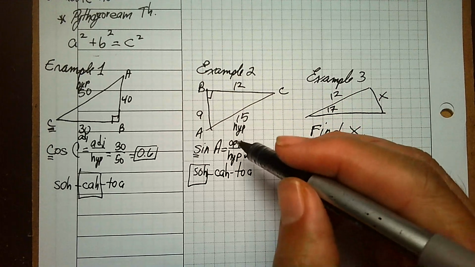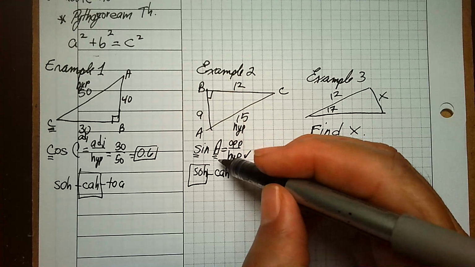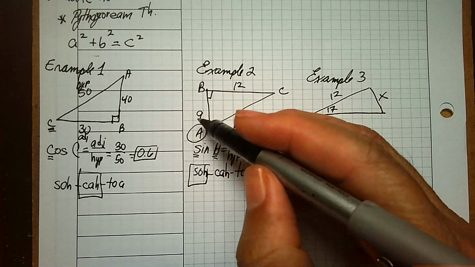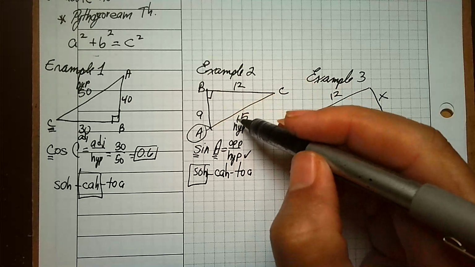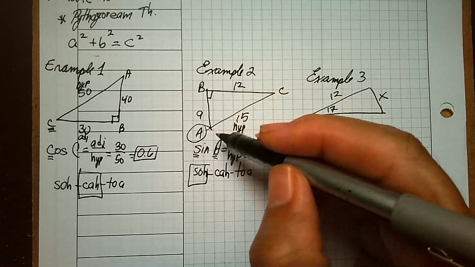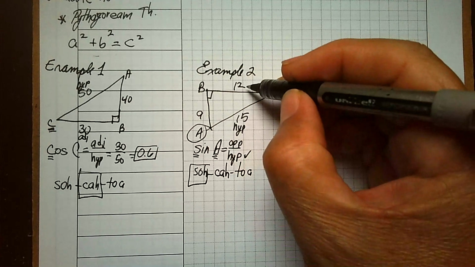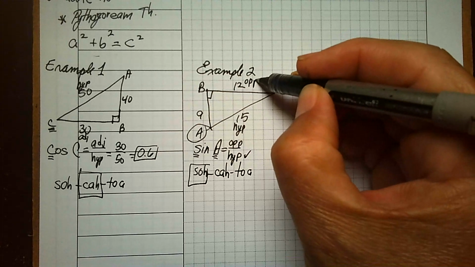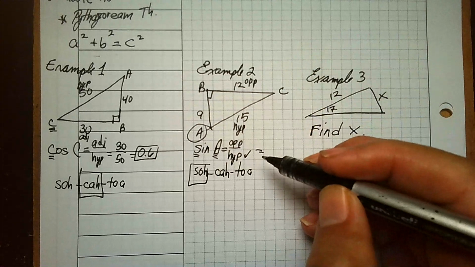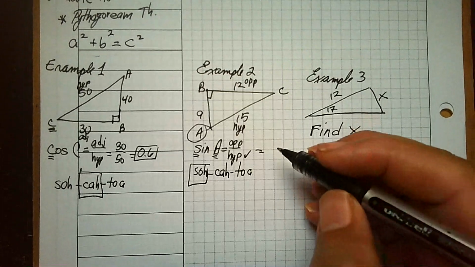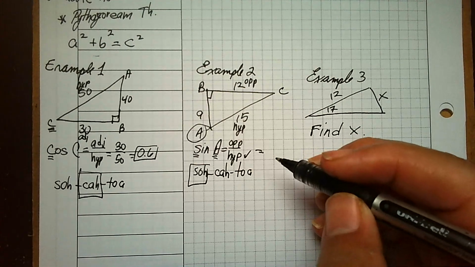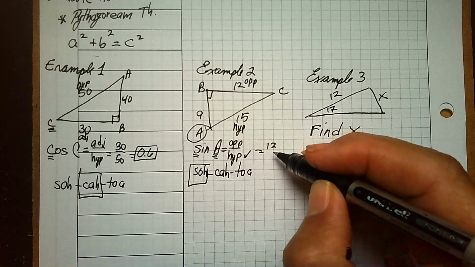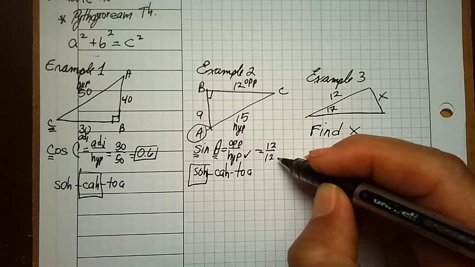Now I need to know what is the opposite of angle A. Which of these sides is furthest away from angle A? 12 is the one that is furthest away, so this will be the opposite. Now applying the formula, O means opposite, so the opposite will be 12 over the hypotenuse, which will be 15.